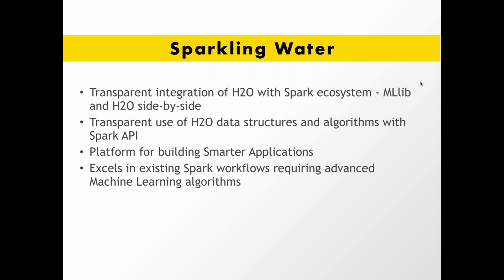So people can still use Spark methods like Spark data munging and feature engineering, but on the other hand, they can go into H2O and use our advanced, powerful machine learning tools.